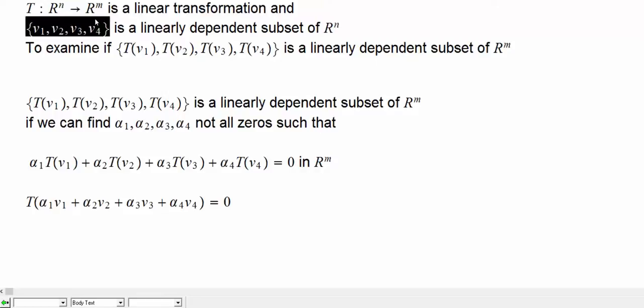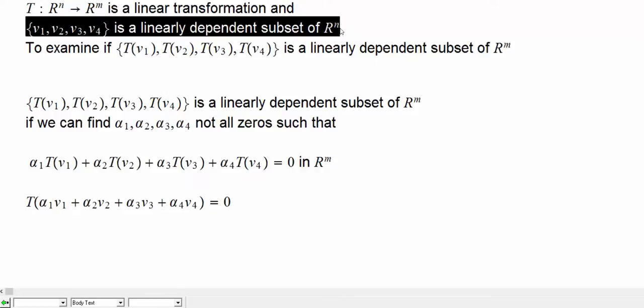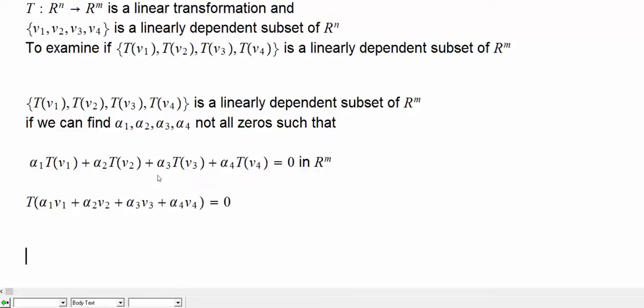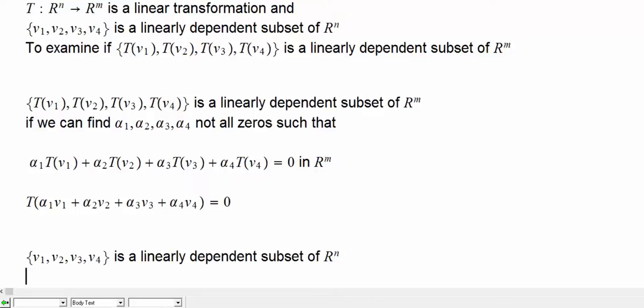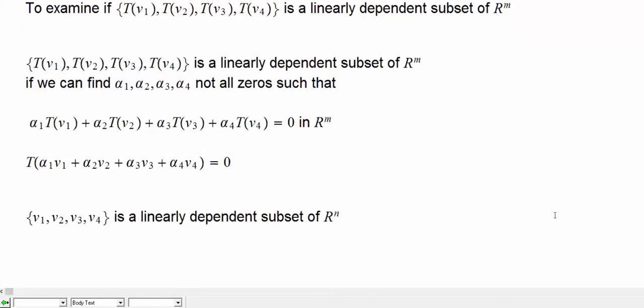Notice, we are given that this is a linearly dependent subset of Rn.